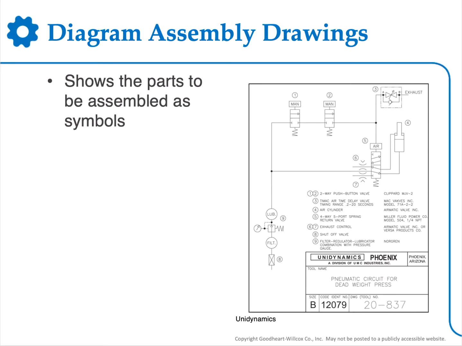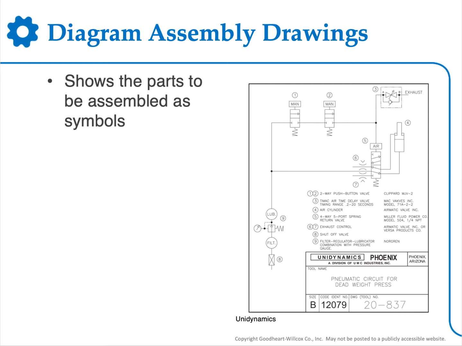Another type of assembly drawing that the textbook talks about is one called a diagram assembly drawing. Here they show the parts to be assembled basically as symbols. This is on page 327 in your textbook. So, they're using symbols joined with single lines to kind of show a piping flow. You're familiar with this from pneumatics and hydraulics.